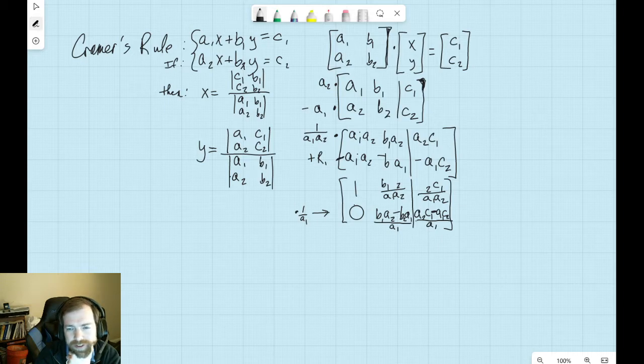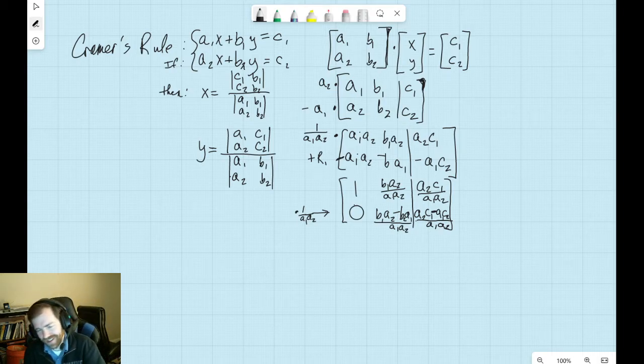Good enough. Okay. This is B1A2. This is A2C1. Okay. So let's make it A1A2 on both of these. So A1A2, A1A2. Alright. Slightly better. Maybe not.